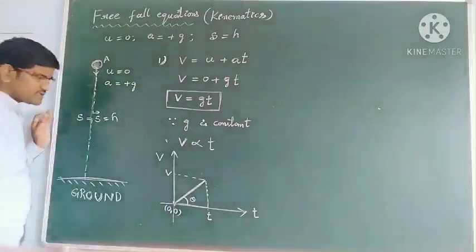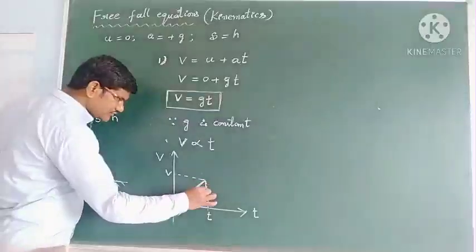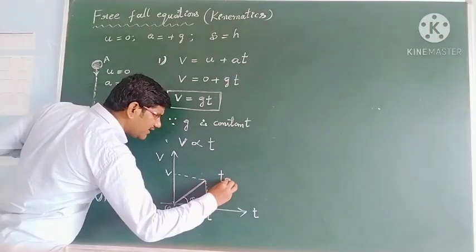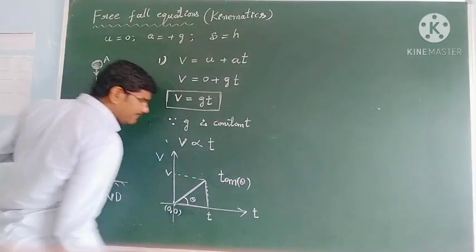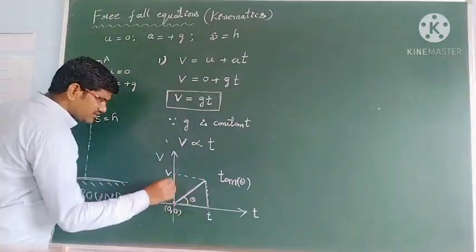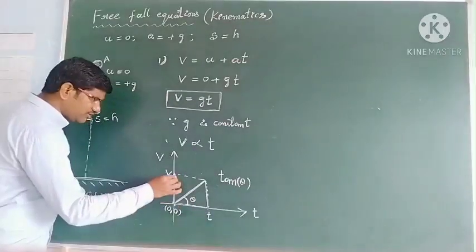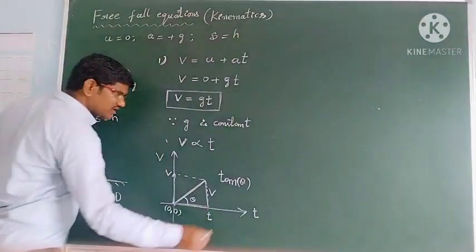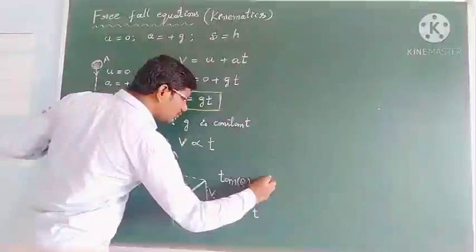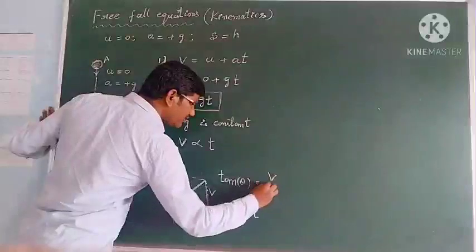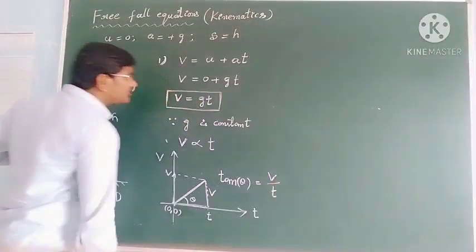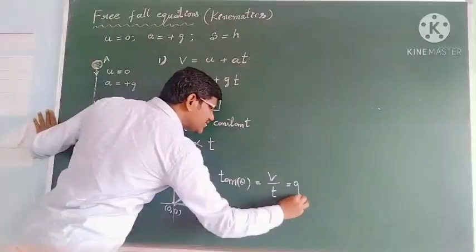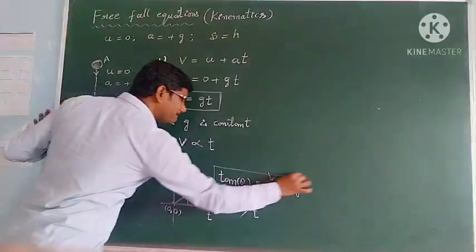If I write tan theta, it is opposite side over adjacent side, v by t, and for free fall, v by t is the acceleration due to gravity.